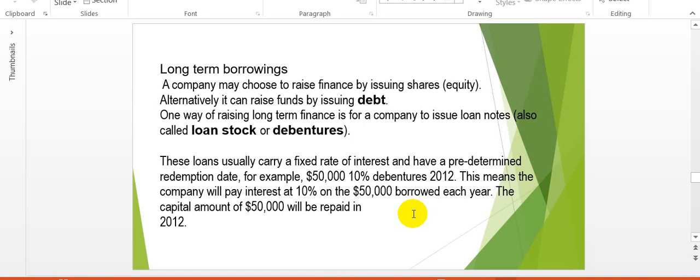There are various ways in which a company can raise finance: through the issue of loan notes, such as loan stock or debentures.